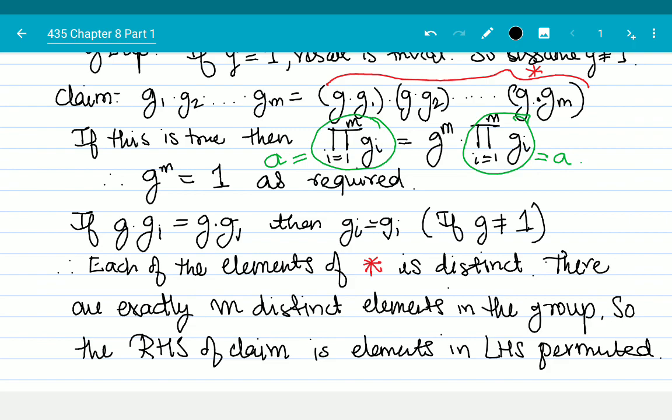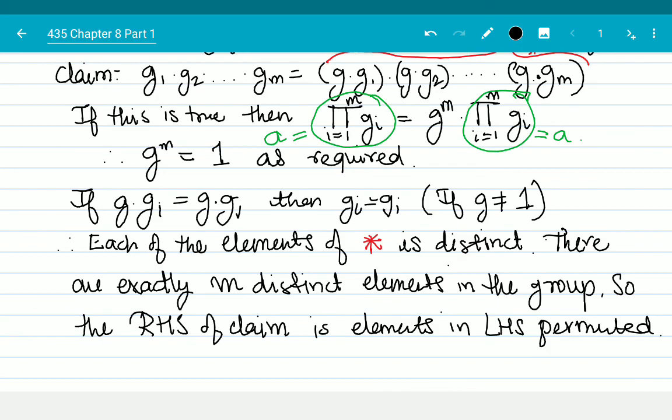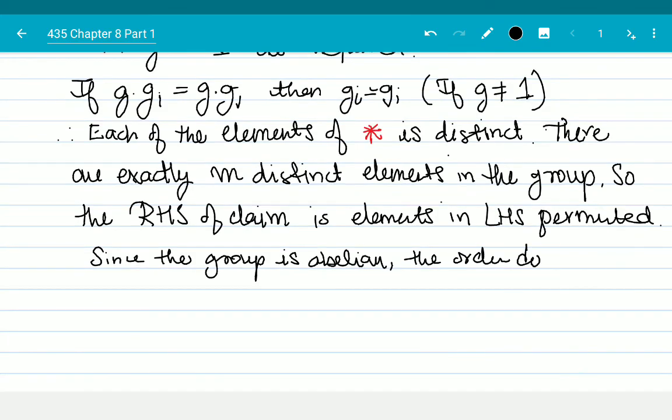Since the group is abelian, the order doesn't matter, and hence the claim is true, and hence the result is true.